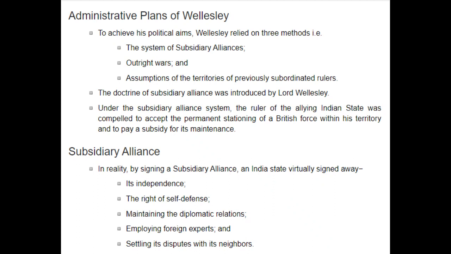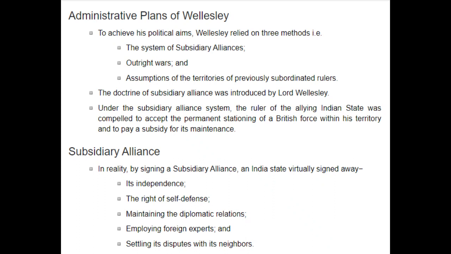So forcibly he had outright wars, and defeating them in wars, he acquired their territory, their property, and expanded the British rule. The third method he used was assumption of the territories of previously subordinated rulers. So he took away the territories of previously subordinated rulers, the rulers who were previously ruling on them and who did not have any more people to rule.